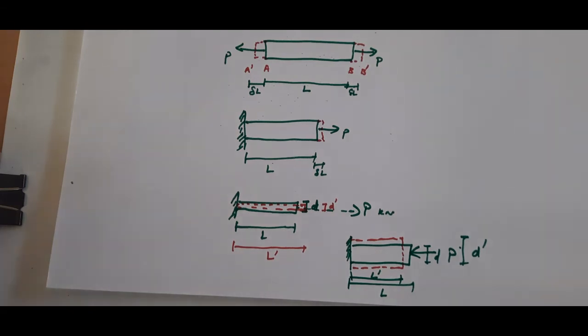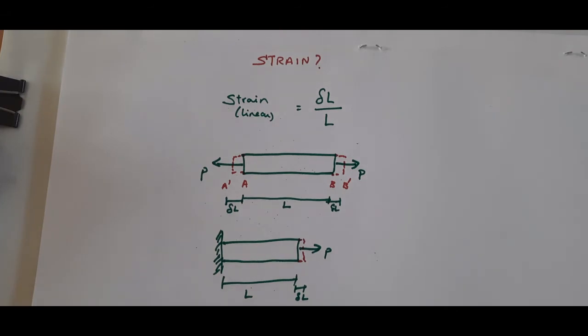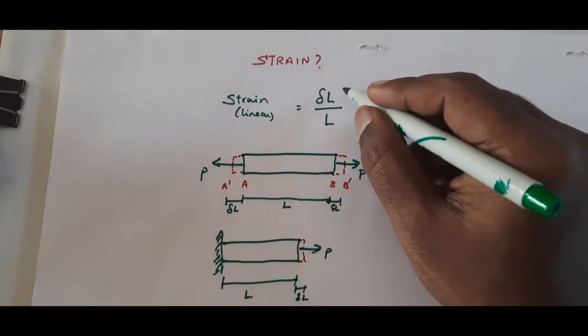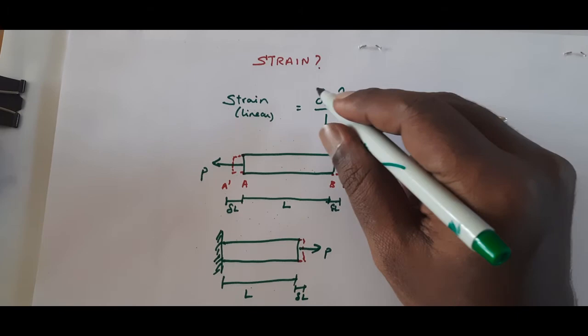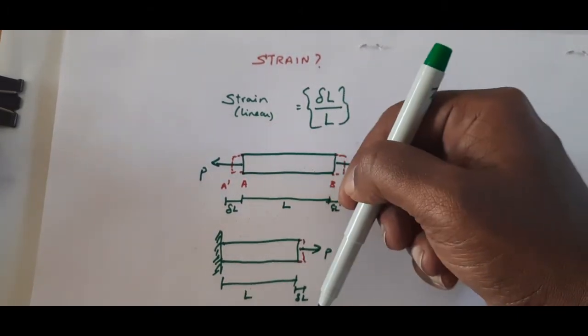So when we want to see what is in strain, you don't need to remember this delta L divided by L. This is a mathematical representation to find the longitudinal strain.